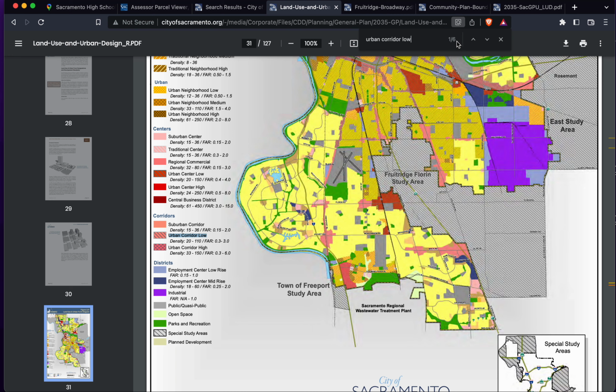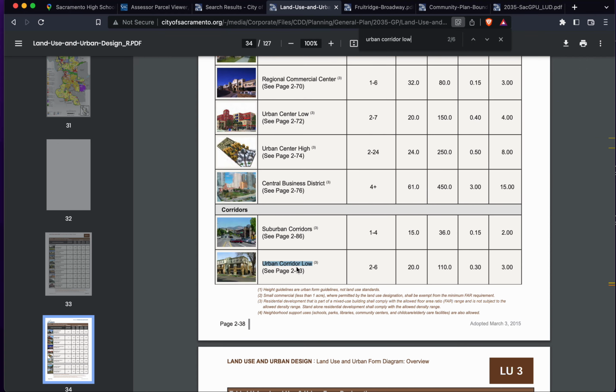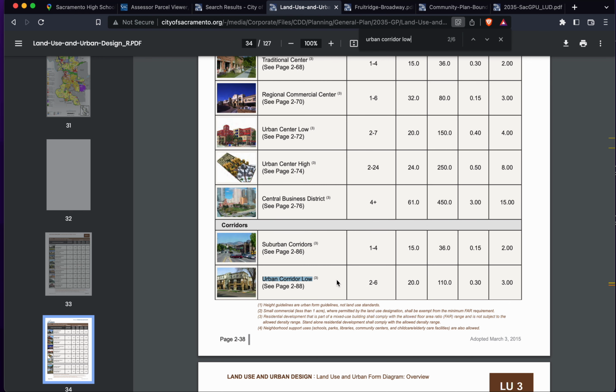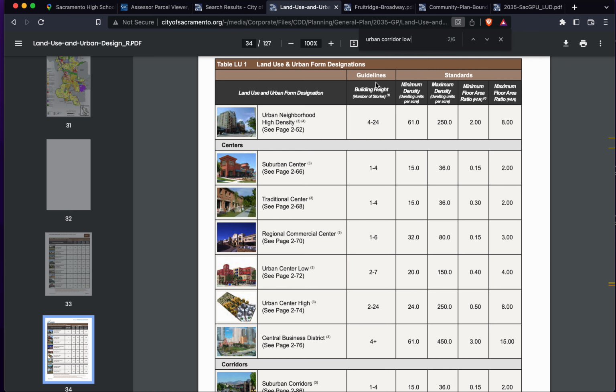Okay, and there's 6 instances that happens. So here's one of them, and then here's one of them again. So here is urban corridor low. It shows us a table. What is this first row? Oh, here you go, guidelines.